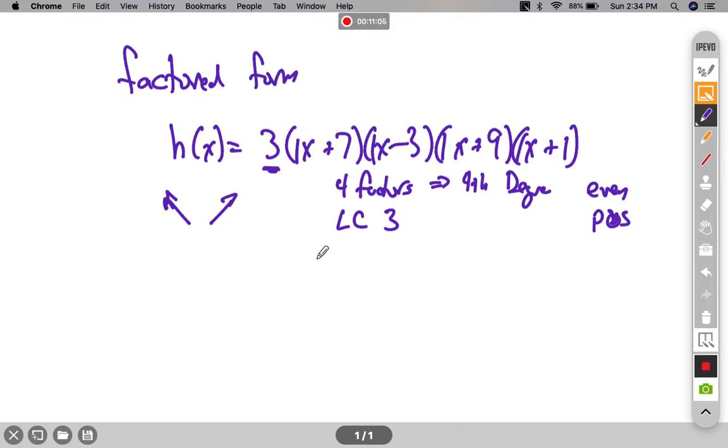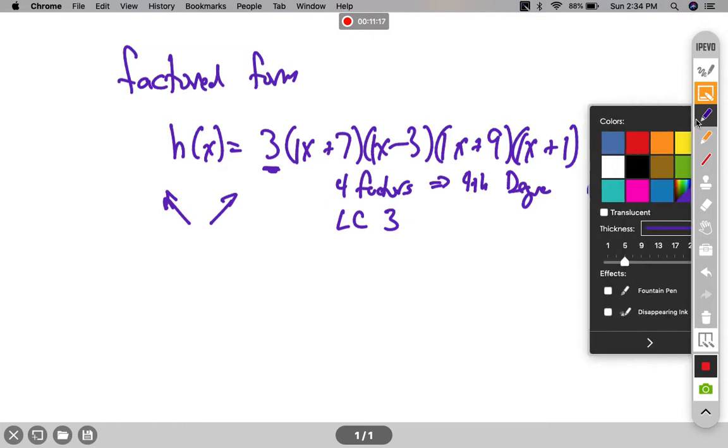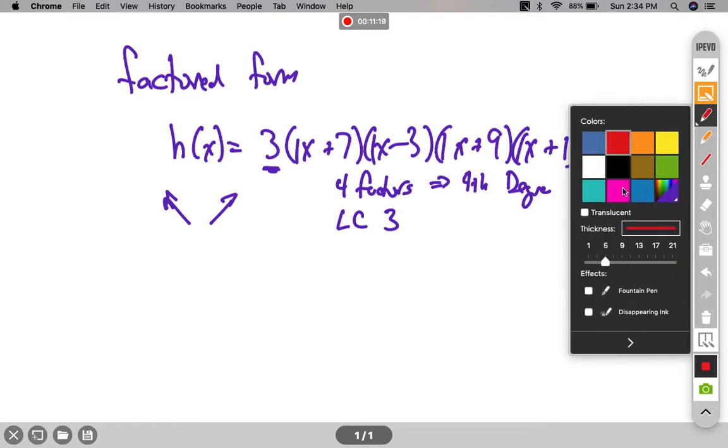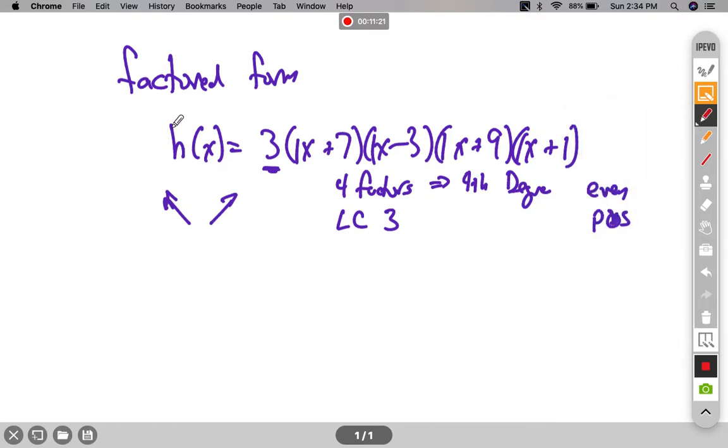Just like with standard form, if it's in, strictly speaking, factored form, which is your leading coefficient times all of your factors being x plus or minus a number, we can fall back on that, and it's just that easy. However, if it's factored, but not exactly in this form, so let's go p of x.